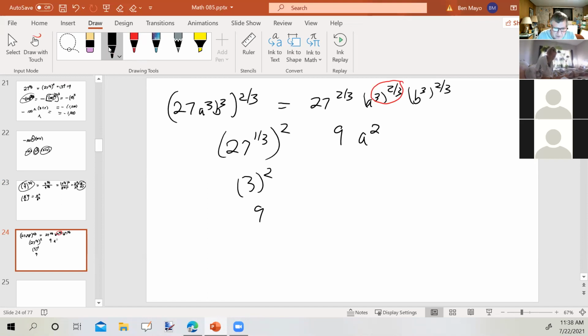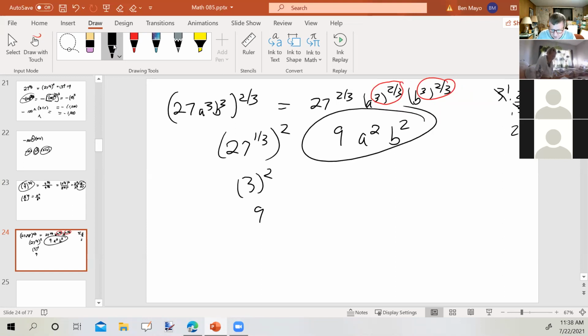That would be 2, because it'd be 6/3 or 2. And then b to the 3 times 2/3 power is also going to be 2, because the 3's reduce down and you're left with just a 2. So there's my final answer, 9a squared b squared.